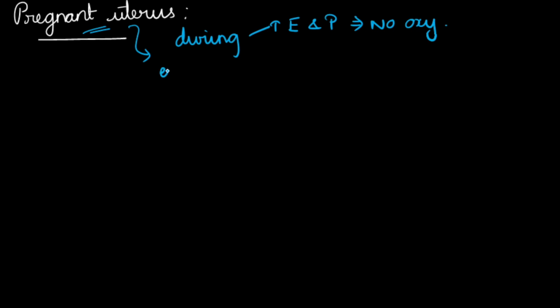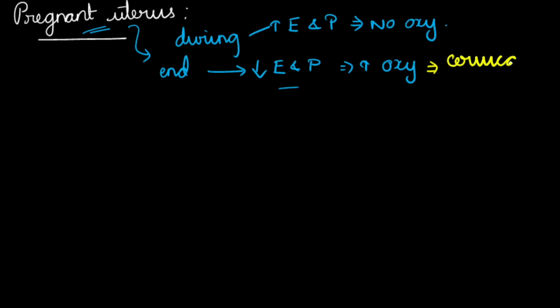At the end of pregnancy there is an eventual fall of estrogen and progesterone, and because of that there is an increased level of oxytocin. What is this oxytocin doing at the end of pregnancy? Mainly it helps in cervical dilatation and expulsion of the fetus, mainly during the second stage of labor.